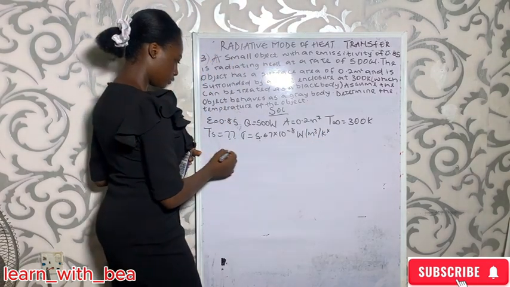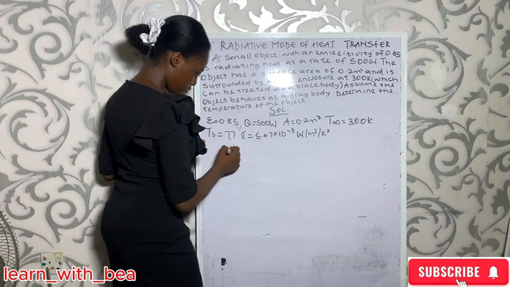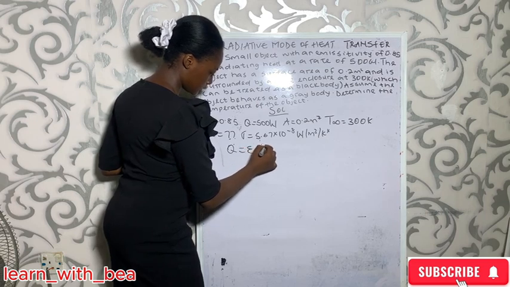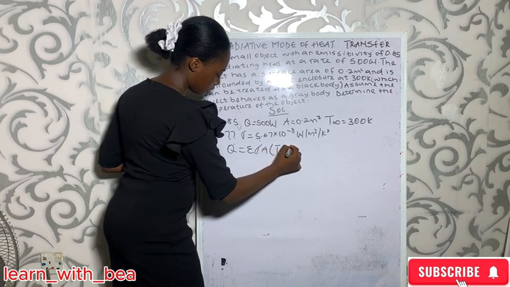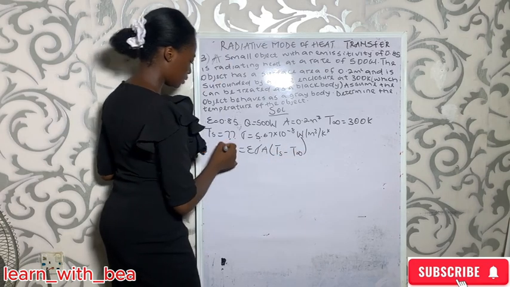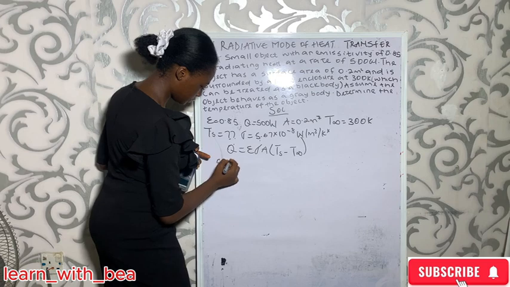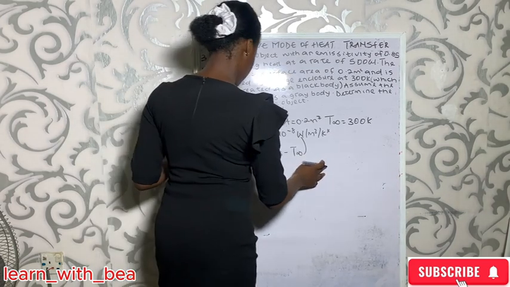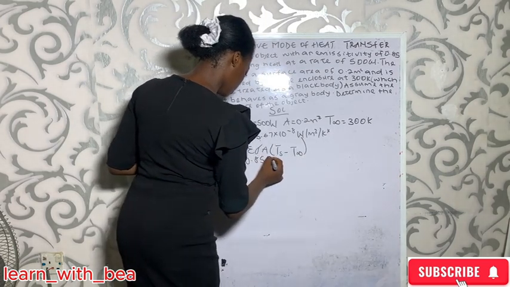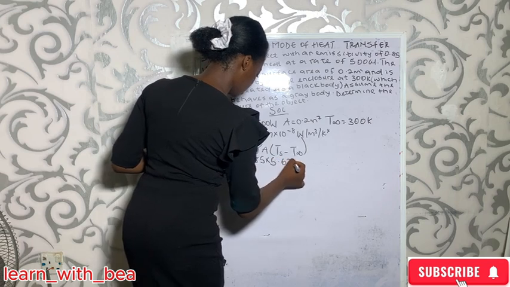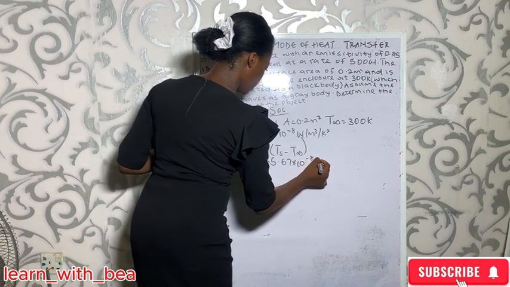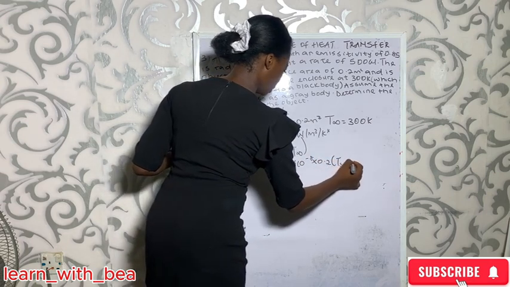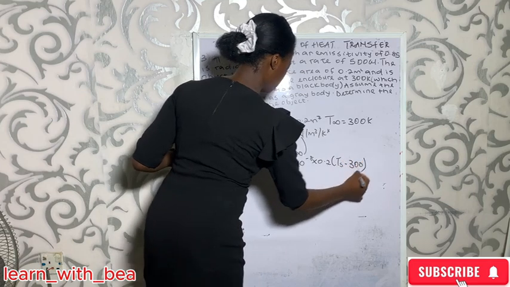So now we have Q equals emissivity times the constant times area times Ts to the fourth minus T surroundings to the fourth. Q is 500, emissivity is 0.85, the constant is 5.67 times 10 power minus 8, area is 0.2, Ts is what we are looking for, and T surroundings is 300.